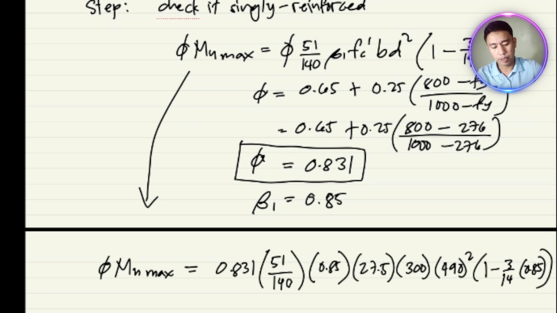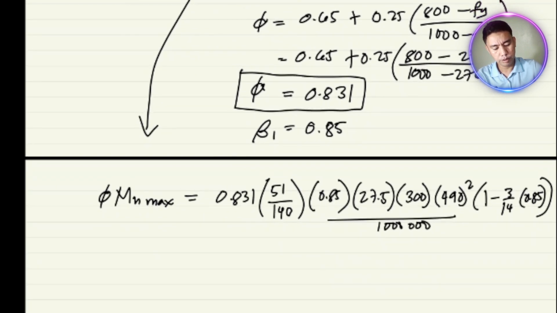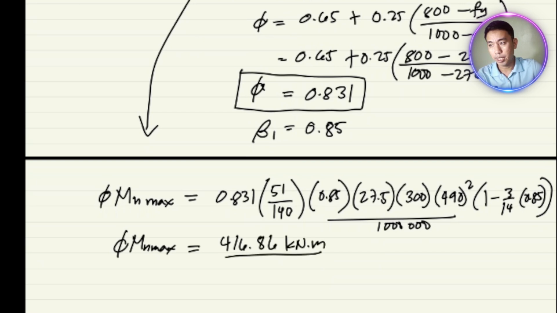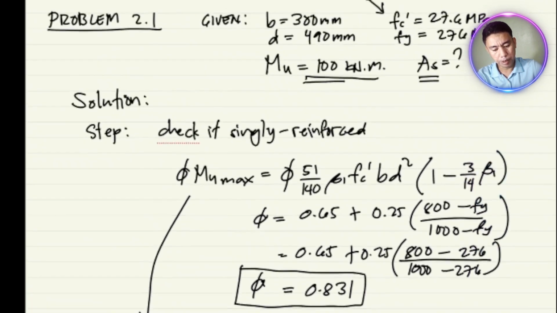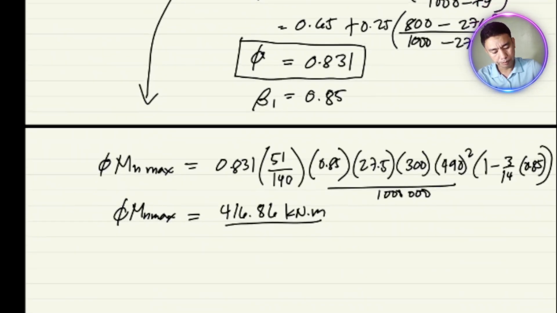Then we'll divide that by 1 million to convert the result to kilonewton meter. The result here is phi Mn max equal to 416.86 kilonewton meter.